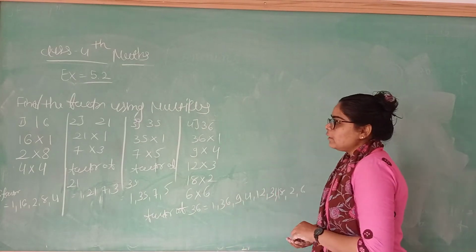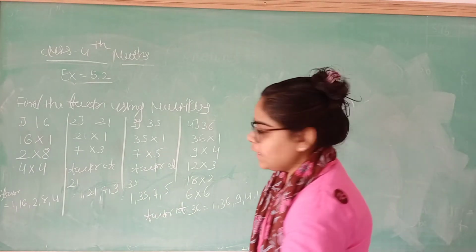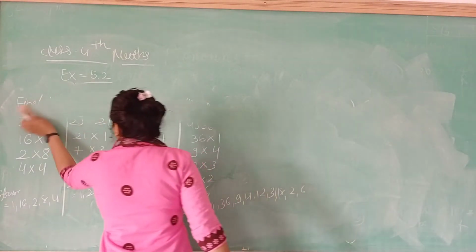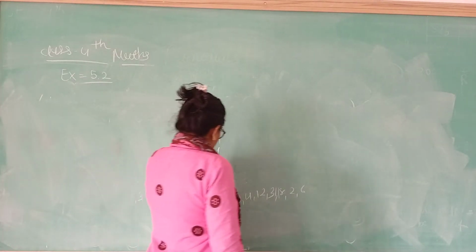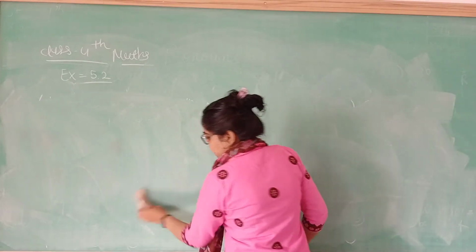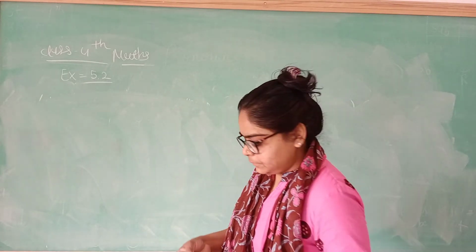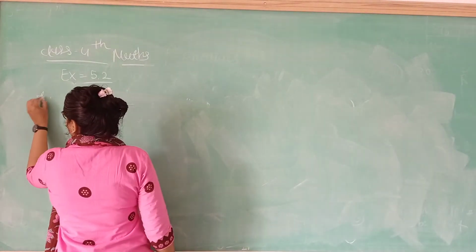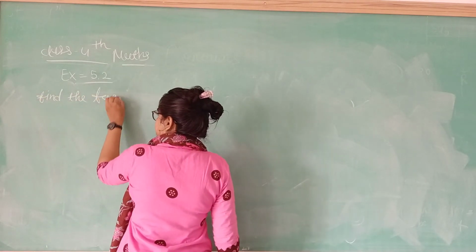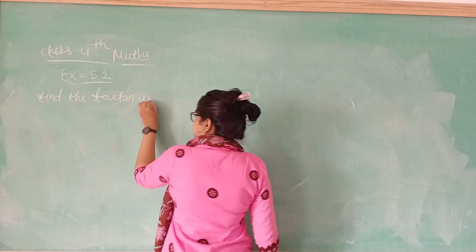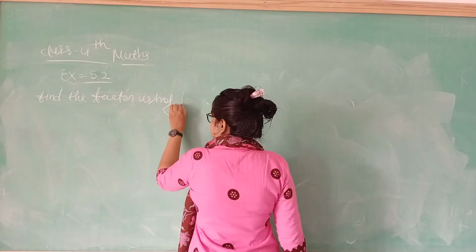Then the next method: find the factors using the division method. Okay, how can we find the factors using the division method?